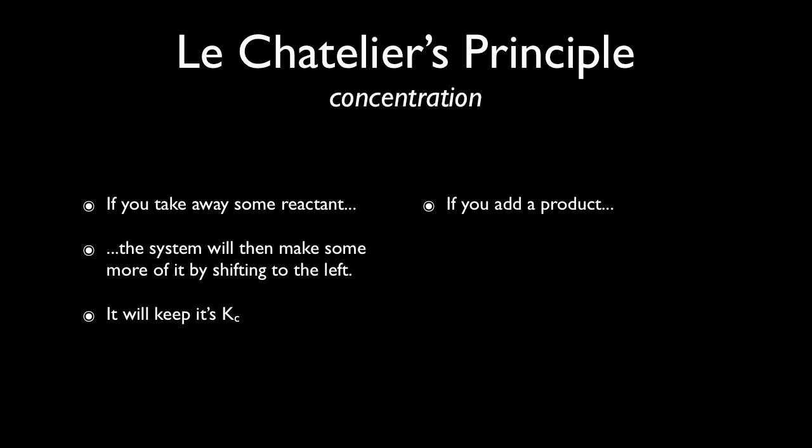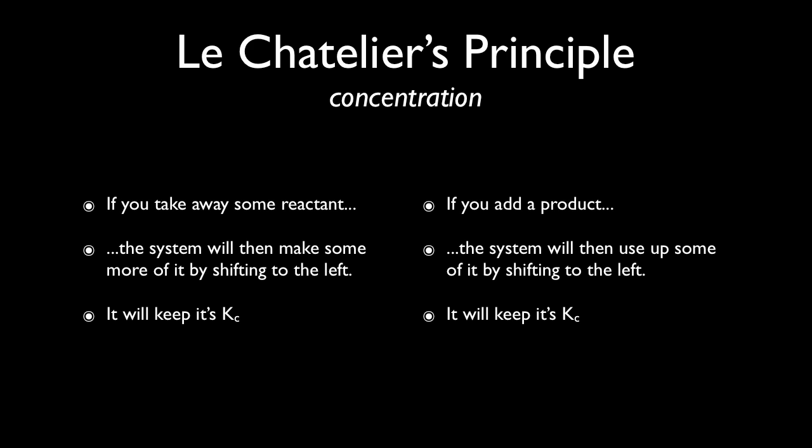Also, if you add product, the system will use some of that extra product by shifting to the left, and of course Kc stays the same. Here, by taking away a reactant or adding product, we're forcing the system at equilibrium to move to the left to reestablish its new equilibrium with the same Kc.